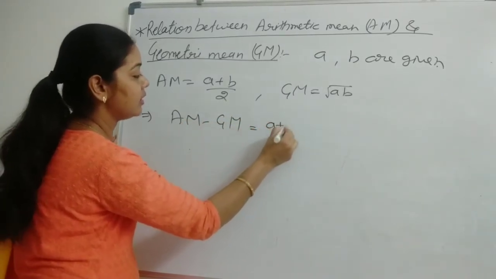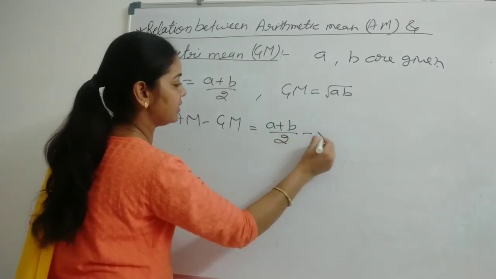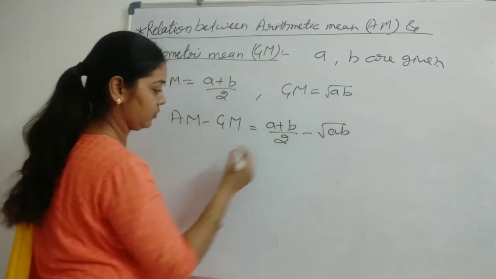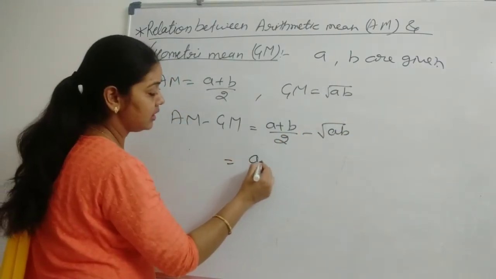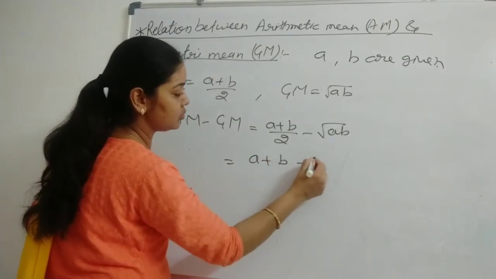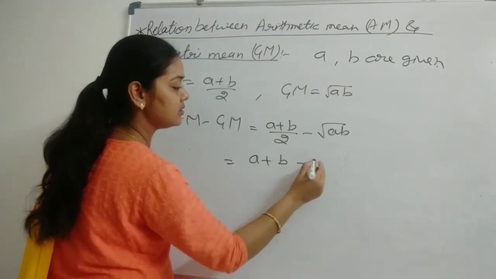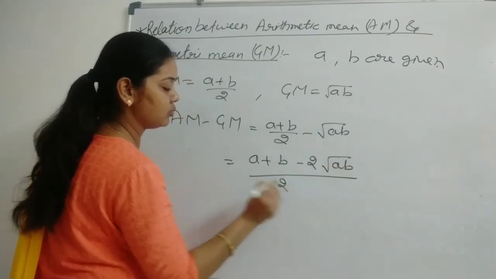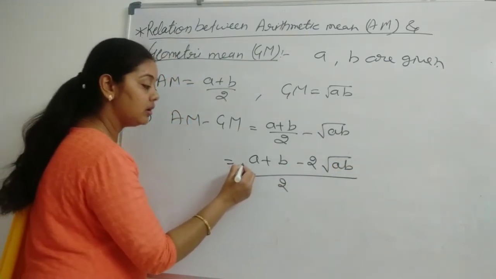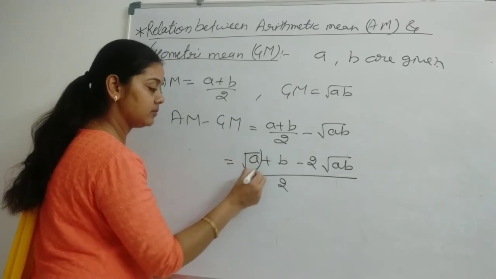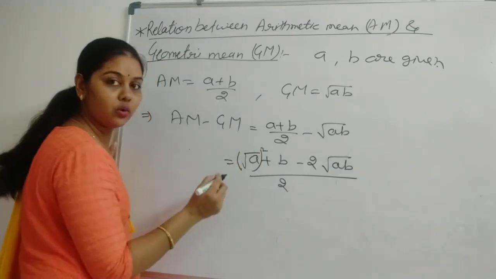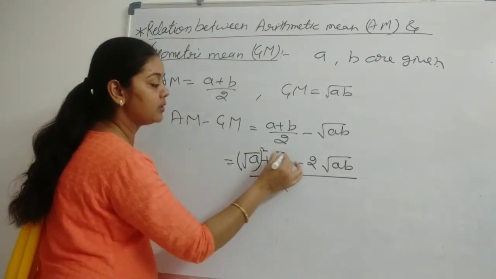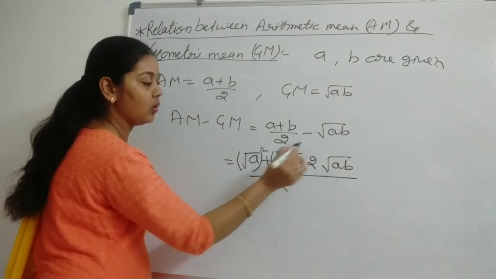That will be (a plus b) by 2 minus root of ab, I can write it like this: a plus b minus 2 times root of ab, upon 2. a could be written as root a whole square. b could be written as root b whole square.